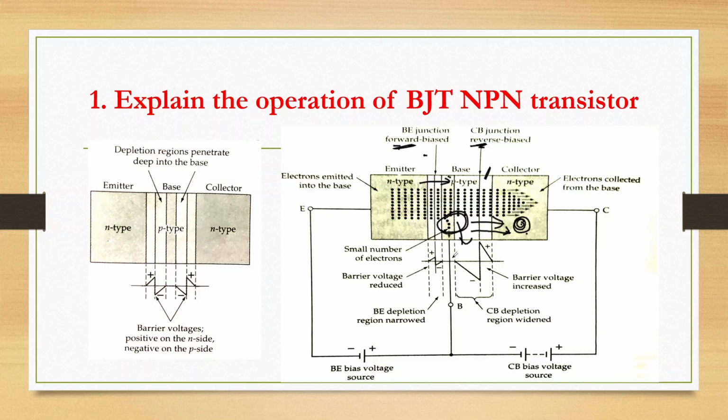However, this number is very small because the path from the base emitter junction to the collector base junction depletion region is much shorter than the base region. So there will be a small number of electrons flowing out of the base region.